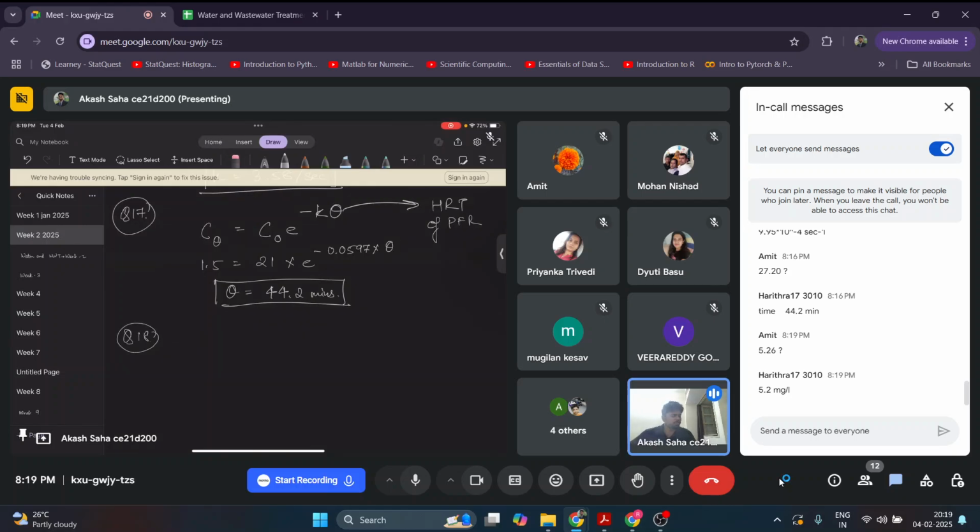So here the formula will change: C theta will be equal to C naught by 1 plus K theta. So this is the equation. We have to find out C theta. C naught is 21, divided by 1 plus 0.0597 into 50 minutes.